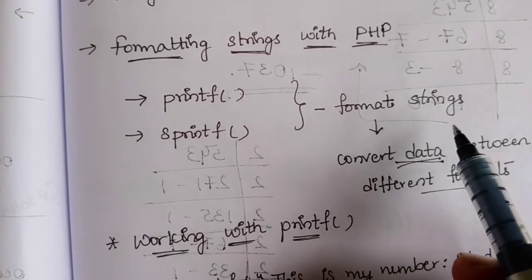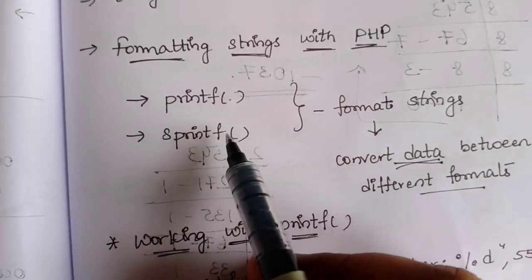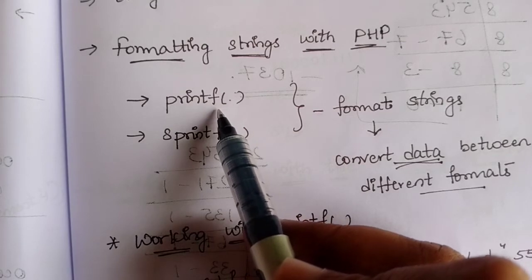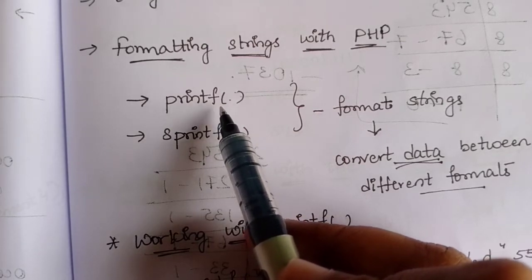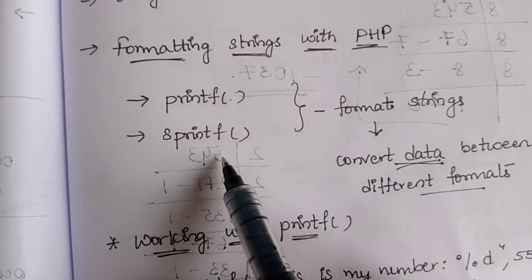Formatting strings is done by using two functions, namely printf and sprintf. We all know about printf because we are familiar with the C language. Then sprintf is different.